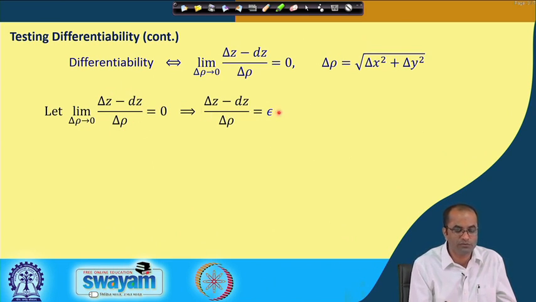So this term is equal to epsilon, and this epsilon will have the property that when we take the limit delta rho goes to 0, or delta x and delta y go to 0, then this epsilon must go to 0, because the limit of this is precisely 0.